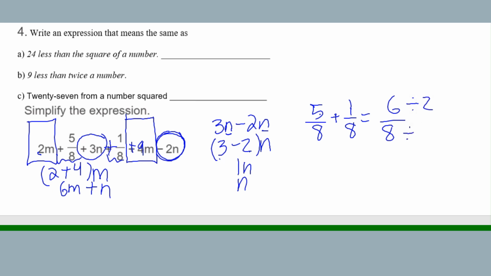These are both divisible by 2. 6 divided by 2 is 3, and 8 divided by 2 is 4. And this is a positive number, so I'm going to put plus 3/4. So this is my final answer right here. 6 times m plus n plus 3/4. Or you could say the sum of 6 times m and n and 3/4.